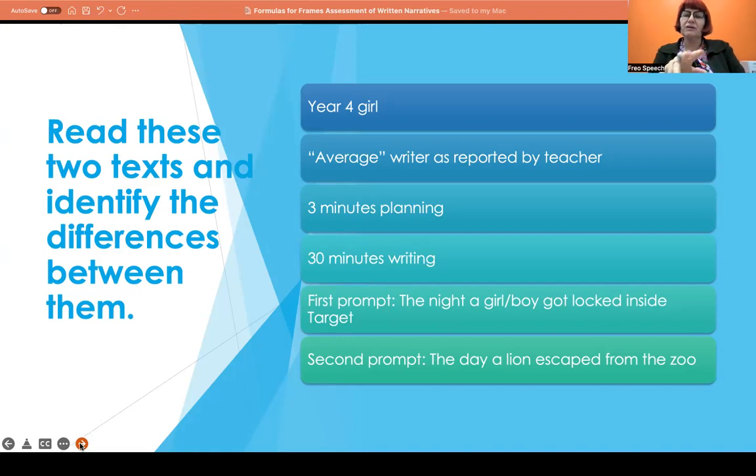So you'll see that the two prompts are providing the students with an opportunity to explore how a problem occurs. How does that person get locked inside Target? How does that lion get out of the zoo? What do you do when you're locked inside Target?